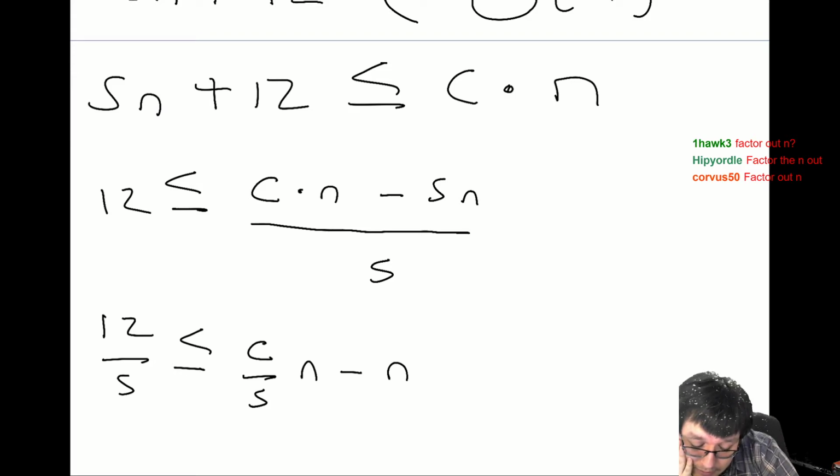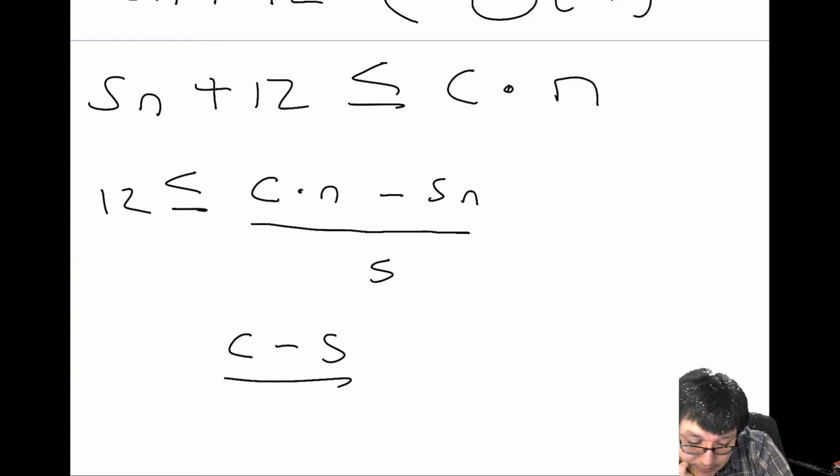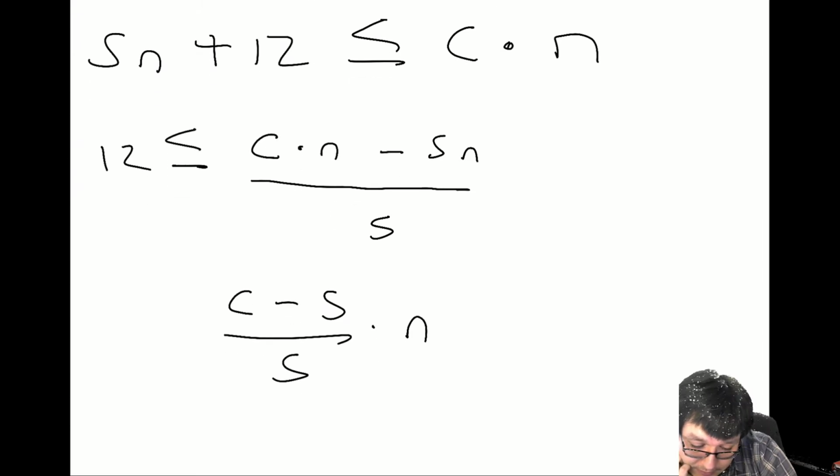Oh, I think I know what I screwed up here. Hold on. I should have factored out this first. So let's just go ahead and put c minus 5 divided by 5 times n. That is equal to the same thing as that, right? Yes.